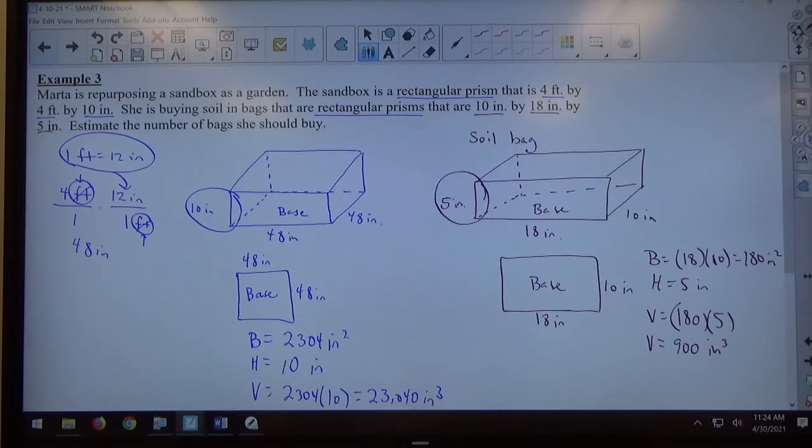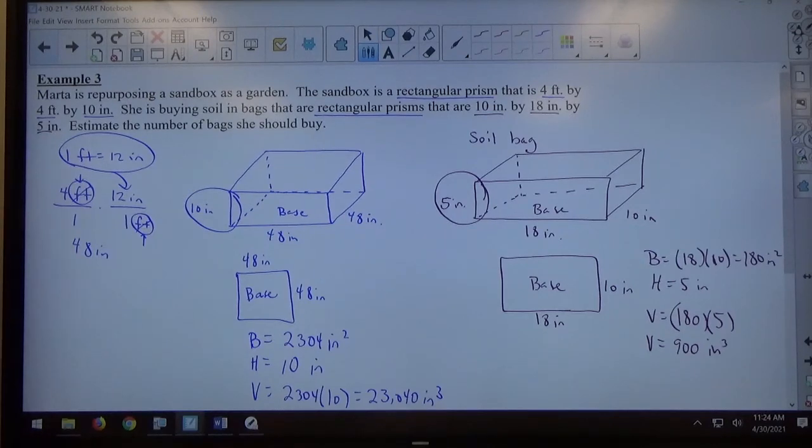I got to multiply the volume of one bag of soil times something to get how much I need. You don't know what the something is. What is the something we're looking for? How many bags? We don't know how many bags of soil we need, but that's what we would do, right?